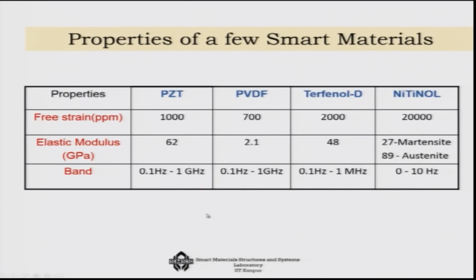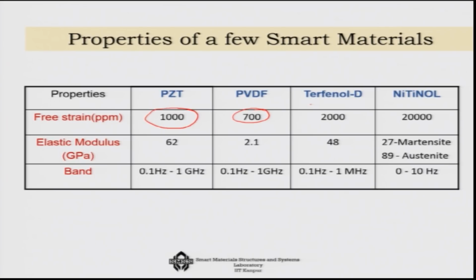If I go for various properties of these materials, one important property is how much strain is happening in it. This is known as free strain. There is no other force, you are just allowing it to get deformed. PZT is a piezoelectric material that shows about 1000 parts per million, which is quite good in the piezoelectric range, PVDF a little less.